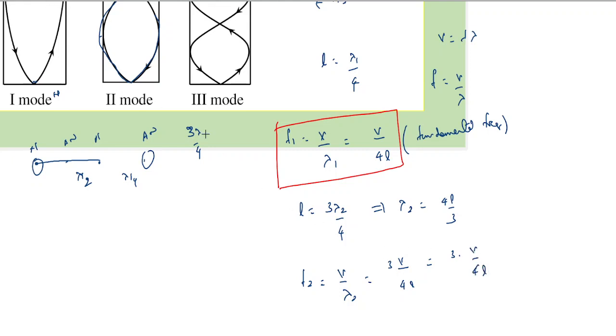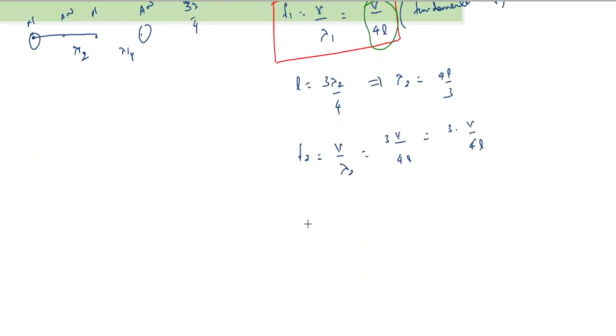But v by 4L is the fundamental frequency. To keep the notation consistent, we write f3 here, and we'll consider lambda 3. So f3 is equal to 3 times f1.